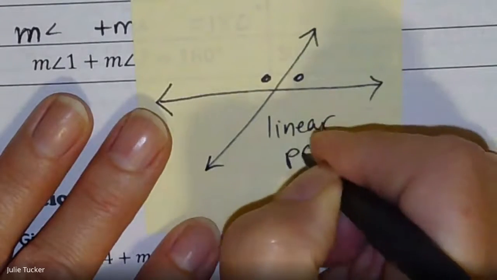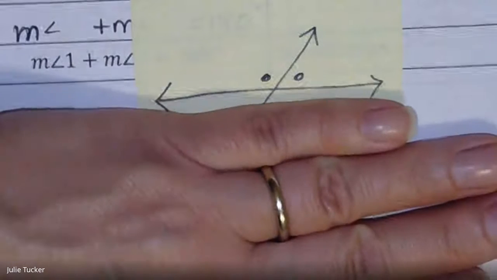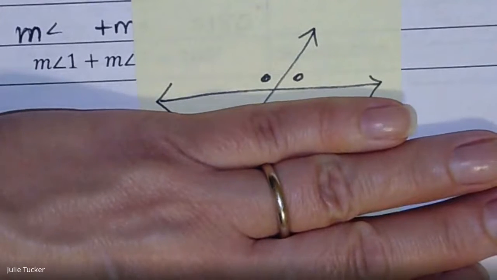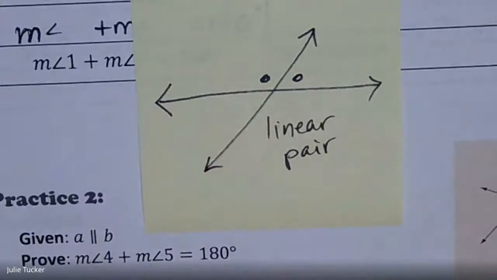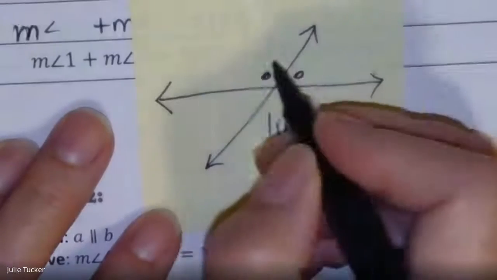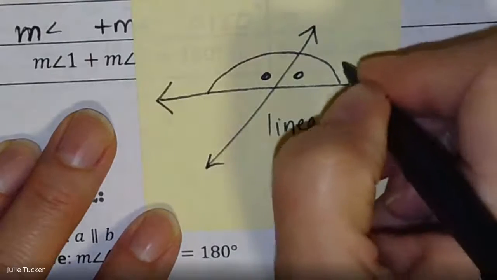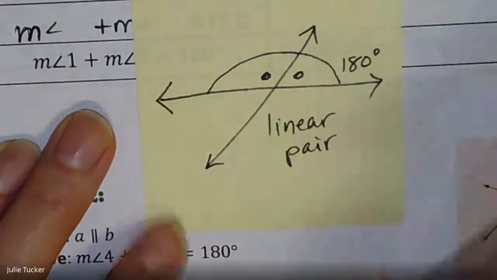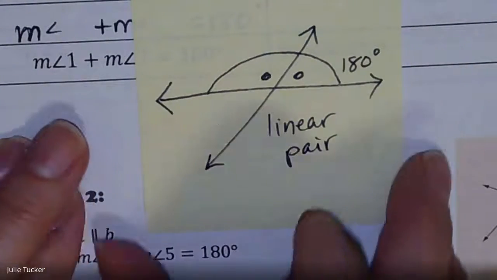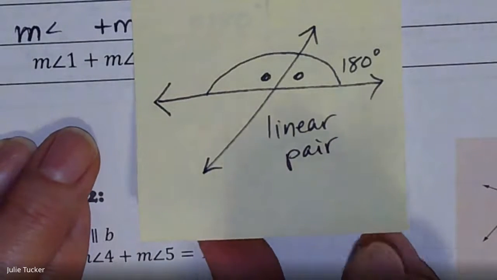And the reason they call it a linear pair is because there's a line on the side. So together the pair makes a line on one side, linear pair. So they want you to use that because how many degrees are in a straight angle? 180. So that's another choice that you can use. You don't always have to use same side angles. You could use linear pair.